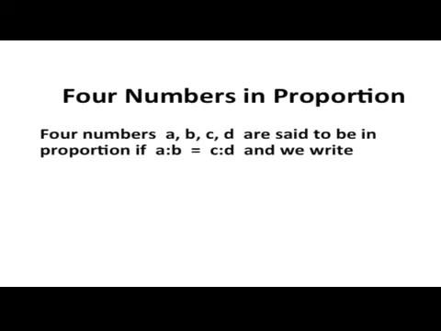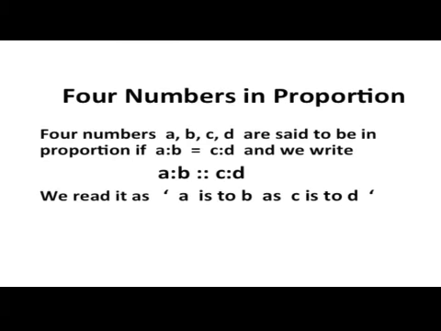Now coming to 4 numbers in a proportion. 4 numbers A, B, C, D are said to be in a proportion if A:B is equal to C:D, and we write it as A:B :: C:D.